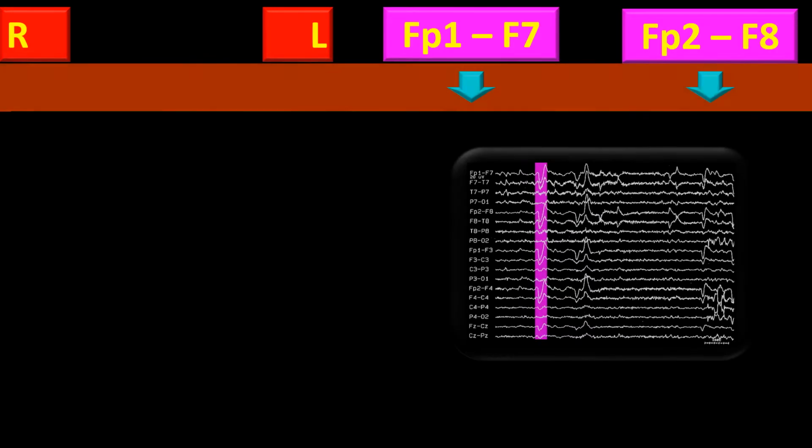This figure will serve as a model to determine the direction of eye movements. In this frame, I have introduced the direction of the eye movement in their respective derivations. As you can see, the deflections at FP1-F7 and FP2-F8 are down.